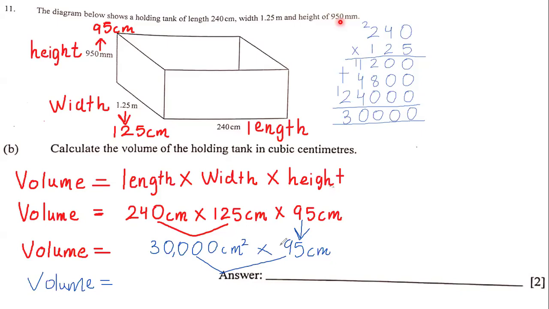So 30,000 multiplied by 95 is what? Okay, 2,850,000.